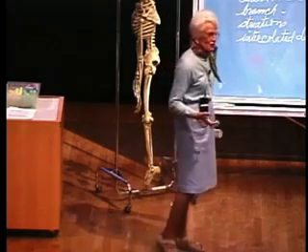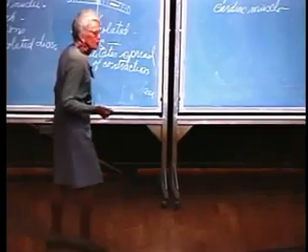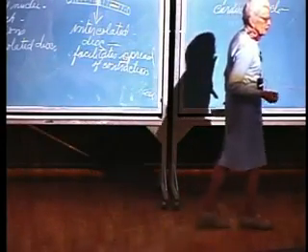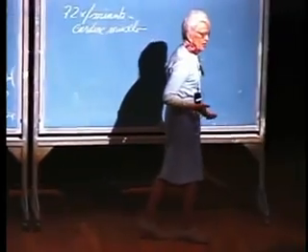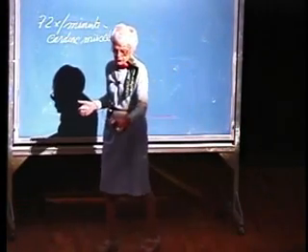1, 2, 3, come on. 4, 5, 6, 7, 8, 9, 10, and so on up to 42. You've got fibrillation.